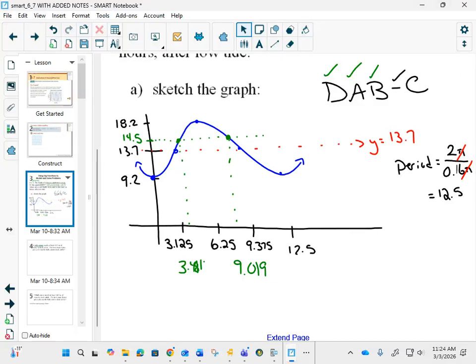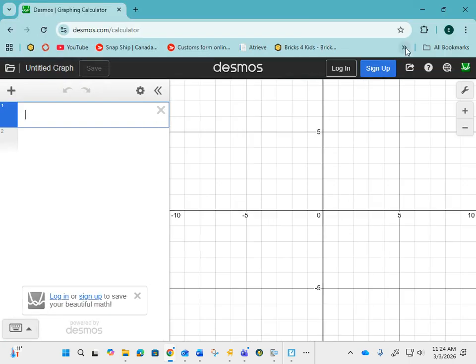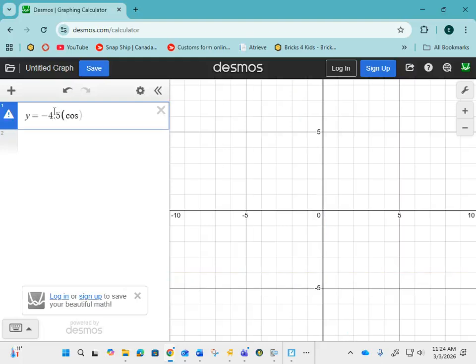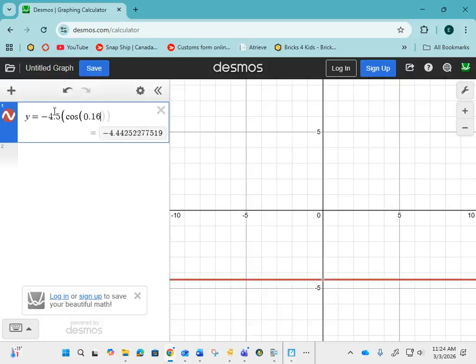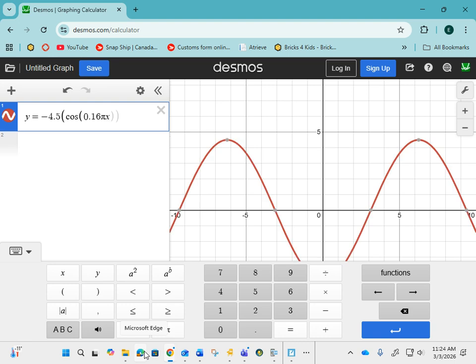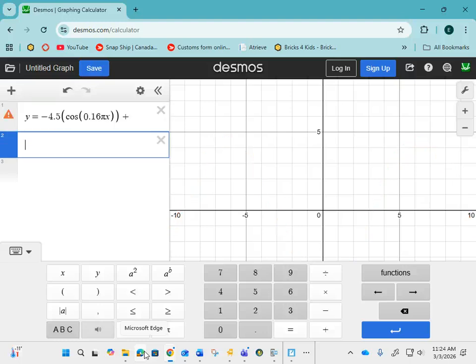For those of you that don't have a graphing calculator, Desmos.com, you can go on the internet, you can download the app to have it on your phone, and you just write in the equation the same as we had, negative 4.5 cos bracket 0.16 pi, and sometimes this keyboard here lets you, there's pi, x bracket plus 13.7.